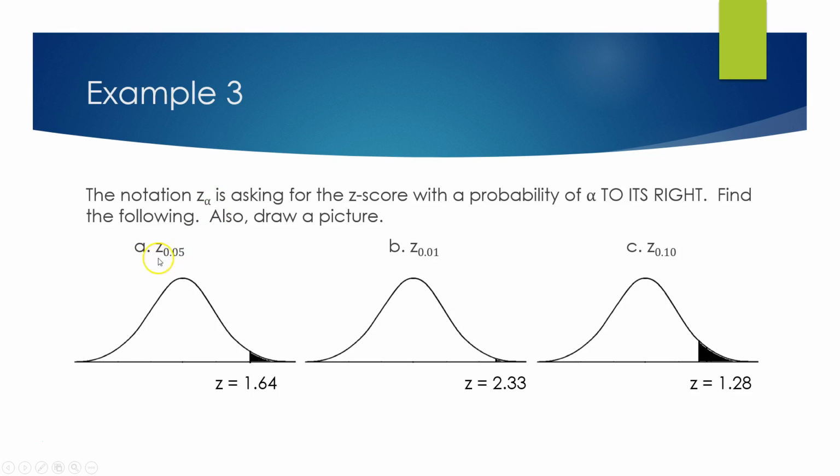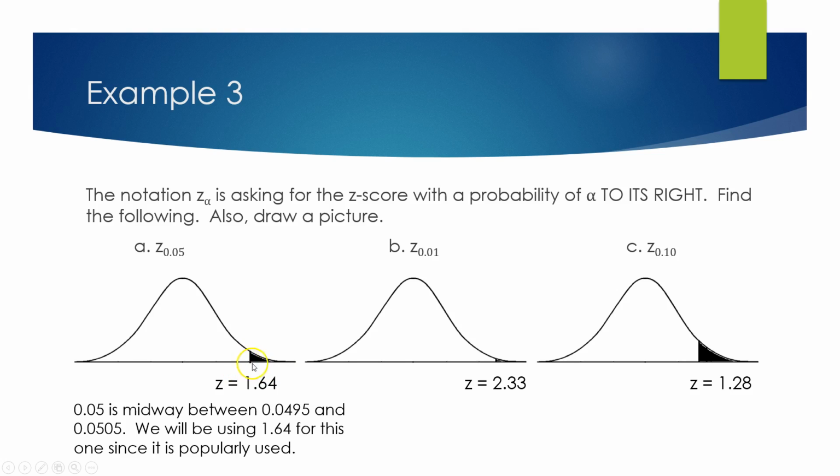So this first example, z sub alpha 0.05, has 5% of the area to the right of its z-score. So you can either look up 0.05 or you can look up 0.95, and either way you'll end up getting to 1.64 eventually.